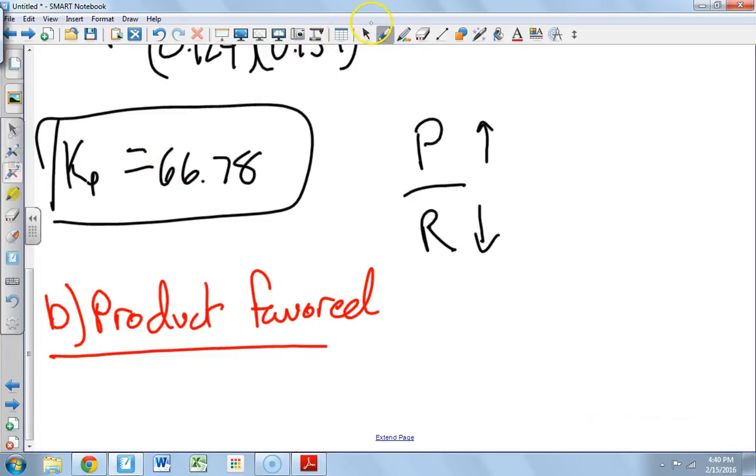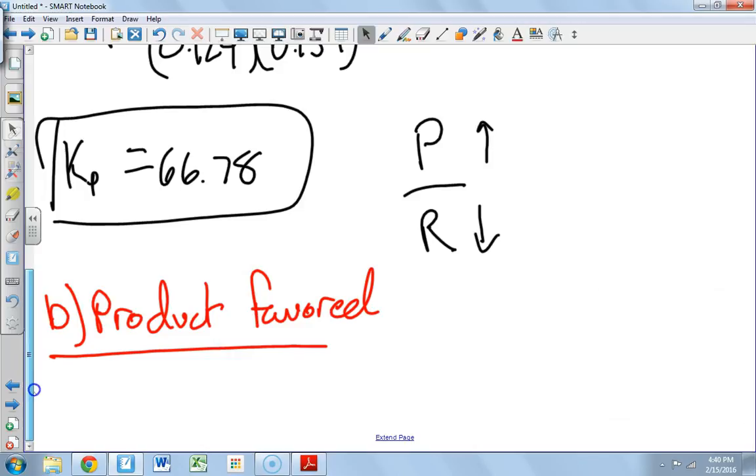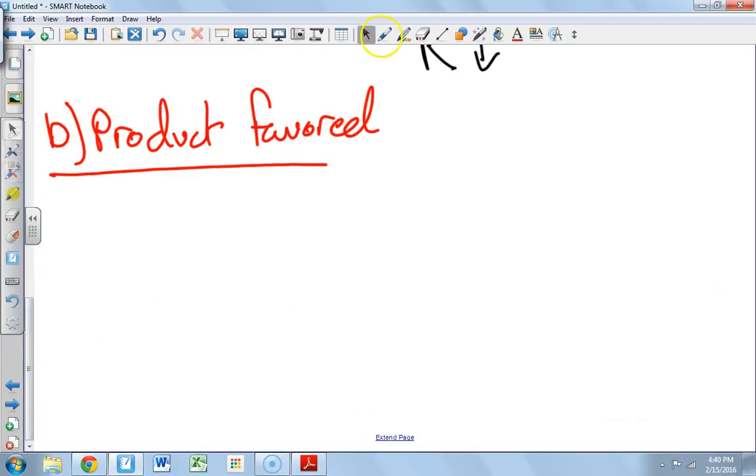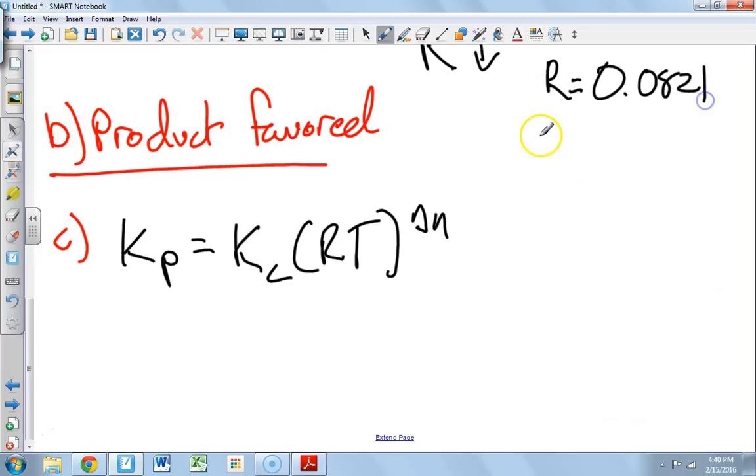Now our last part is to calculate the Kc for this reaction. For part C, Kp equals Kc times RT to the delta n. R is the universal gas constant, 0.0821.